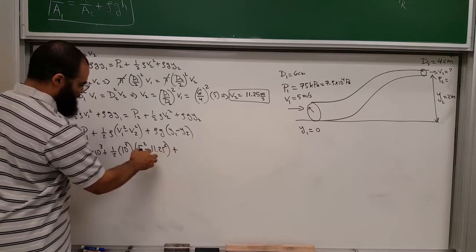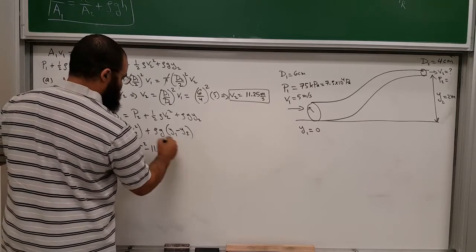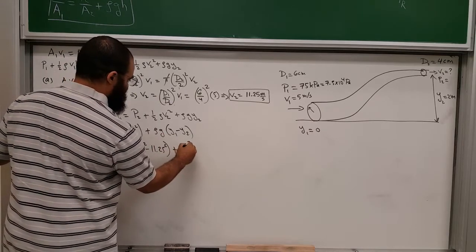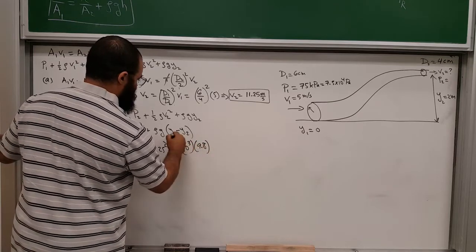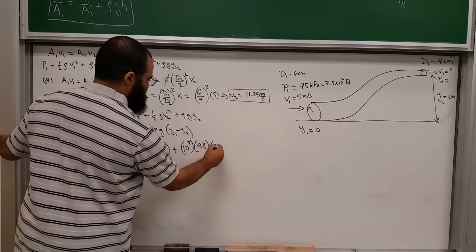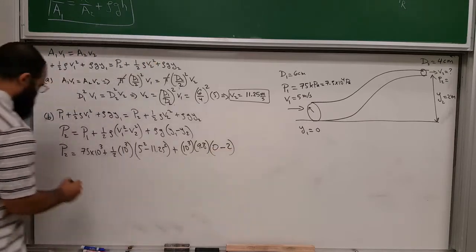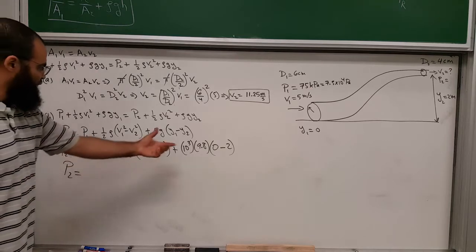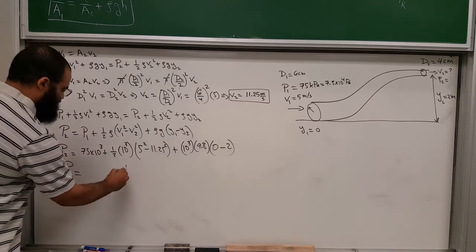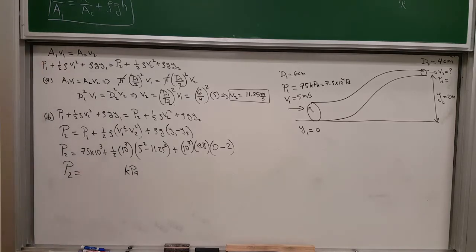This will be a negative quantity. And then plus rho, again 10 to the 3, times g, 9.8, times Y1 minus Y2. Y1, the height at the beginning, is 0. Y2 is 2. This will also be negative. You see everything has 10 to the 3, so we will just have an answer in kilopascals.